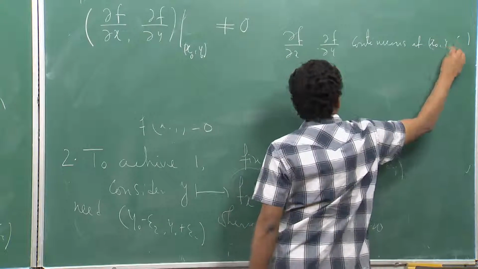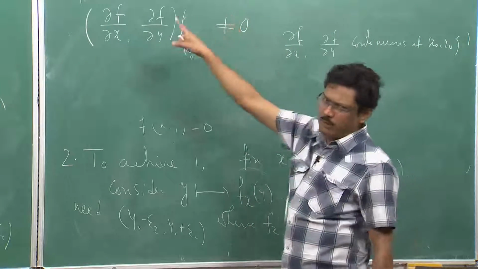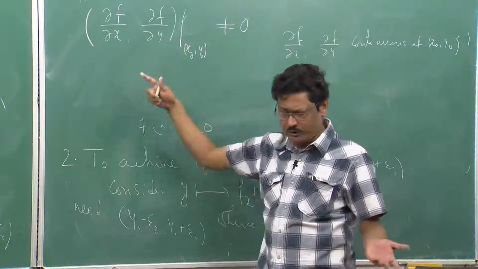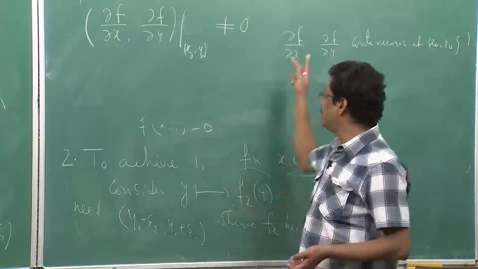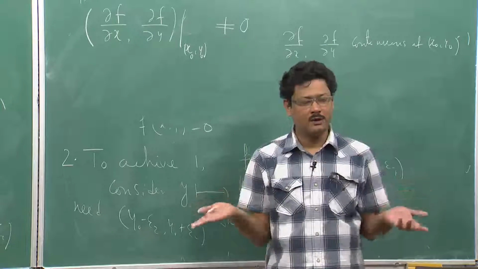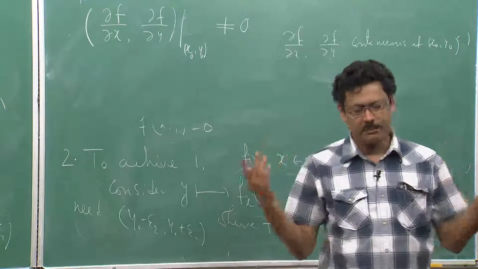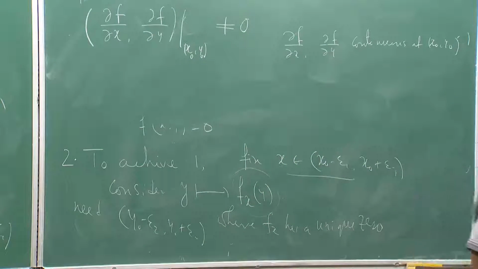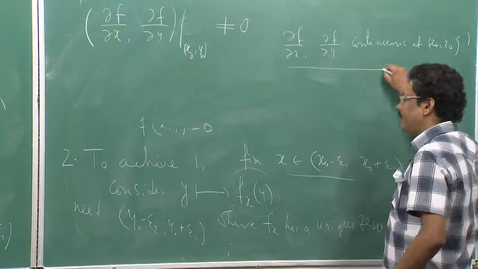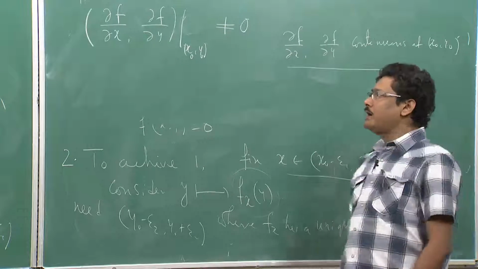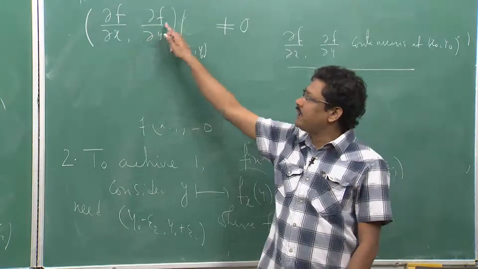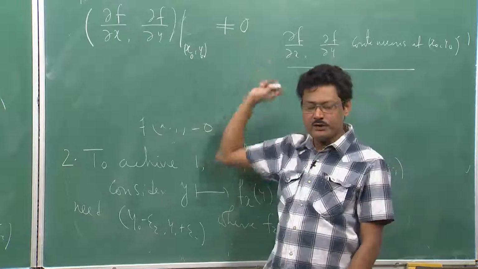Then what will happen? One of them is non-zero, so let us say positive or negative. If it is positive or negative and continuous, then I can decide an interval around it where it remains the same sign. Okay. So, I need continuous partial derivatives of f, and del f del x or del f del y at that point non-zero.